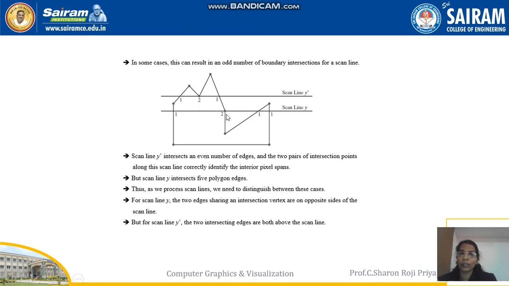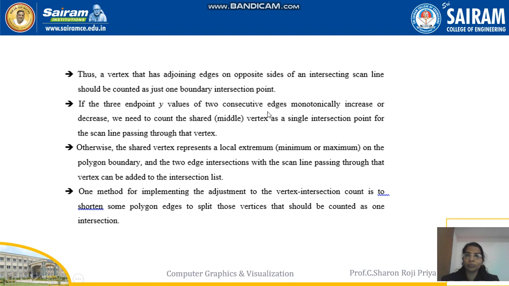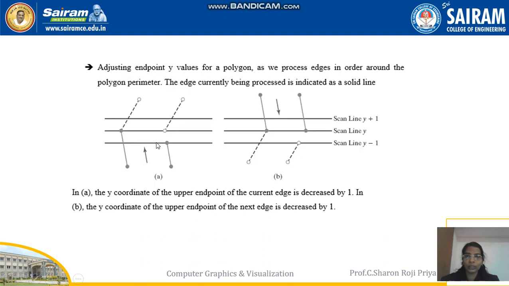So I can store this vertex value only once. So what values will I be storing? 1 2, 1 1. So the space between 1 and 2 will be filled, and the space between 1 and 1 will be filled. This is what is explained here.